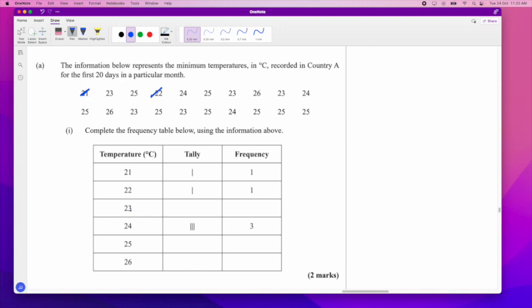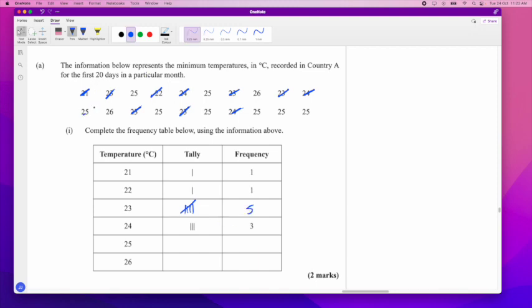So 23 or 24 degrees on 3 days. So let me find the 24s. There. Right, so let me see. 23 degrees. We have 1, 2, 3, 4, 5. So 5. 1, 2, 3, 4, 5 is how you write a tally. And then that's 5 here.